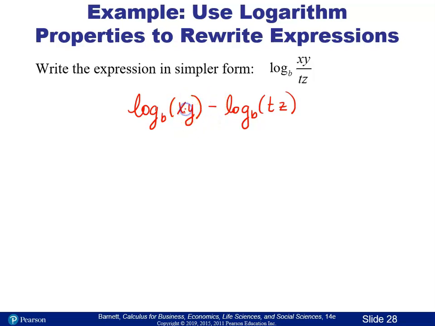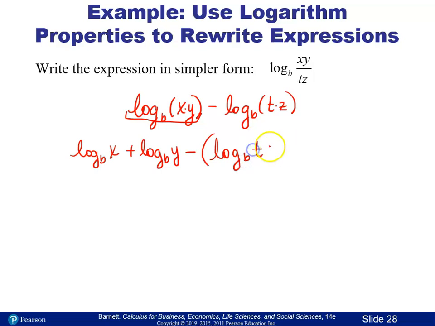Then looking at this, we've got two that are multiplied together here and then two more multiplied together here. So we can split this one up and do log base b of x plus the log base b of y. And then I'm going to subtract from that the log base b of t and the log base b of z.